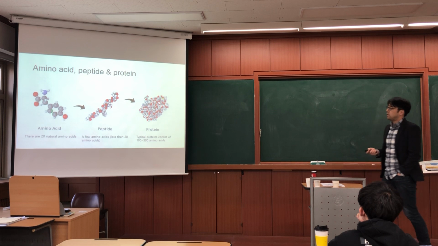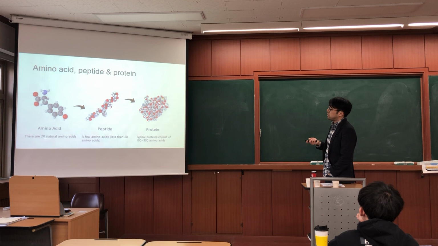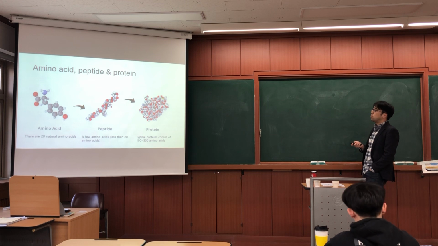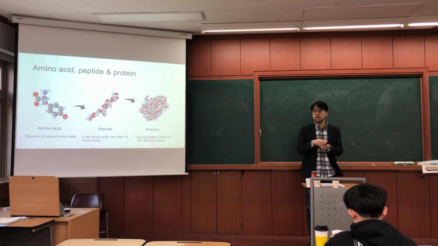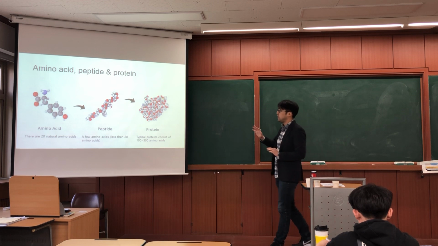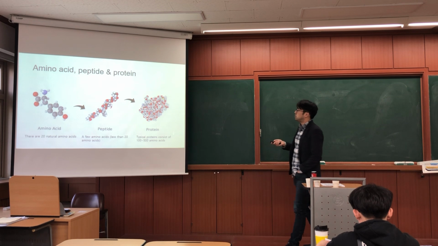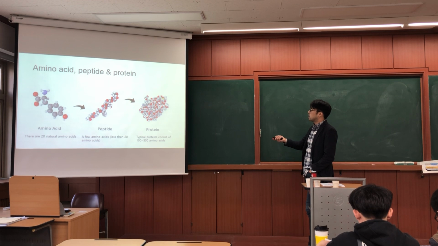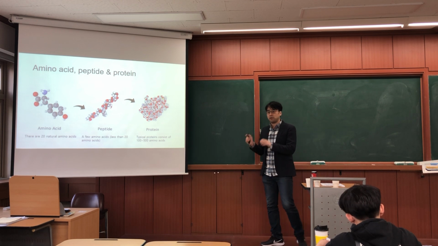As I told you, there are 20 natural amino acids. When a few amino acids are connected, they are generally called a peptide. When we say peptide, it generally means a chain molecule consisting of from 5 to about 20 amino acids. They are short proteins, but when you say proteins, they typically consist of from 100 to 500 residues, 500 amino acids.